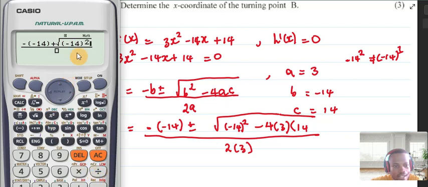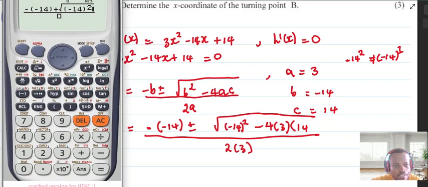You square it. Our calculator is not showing us everything. Okay, minus 4 multiplied by 3, multiplied by 14. Close the bracket. Underneath we have 2, the value of a is 3.